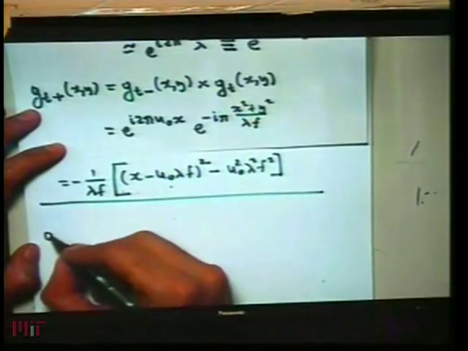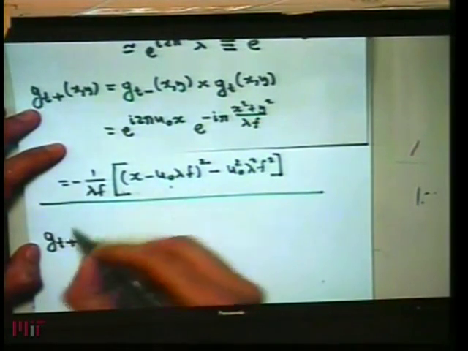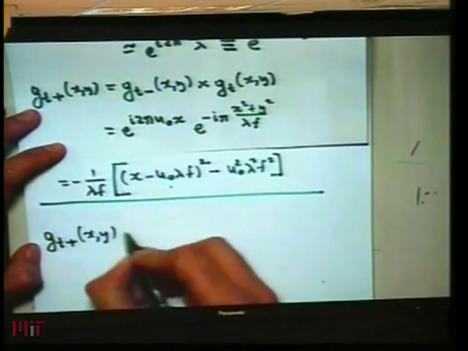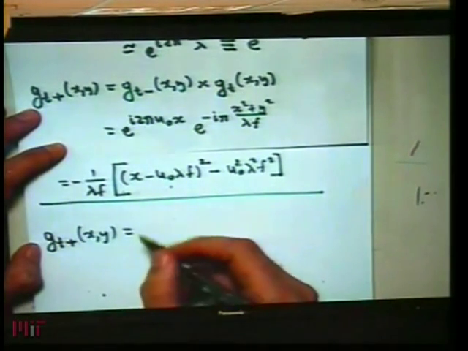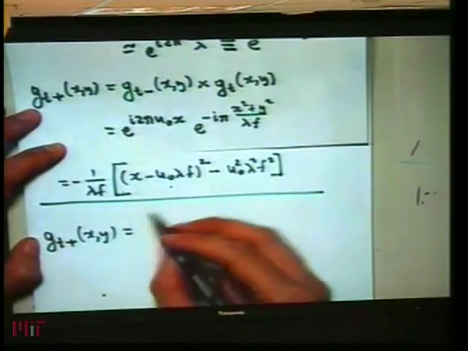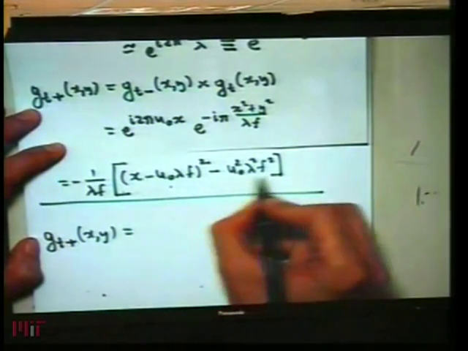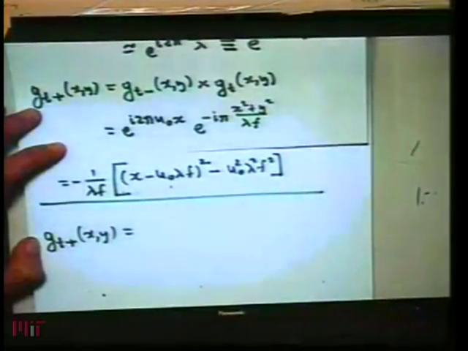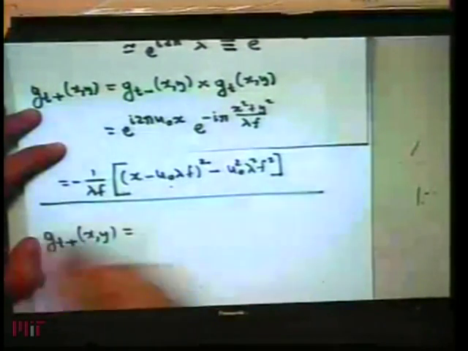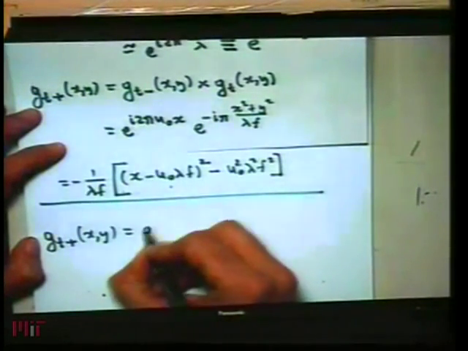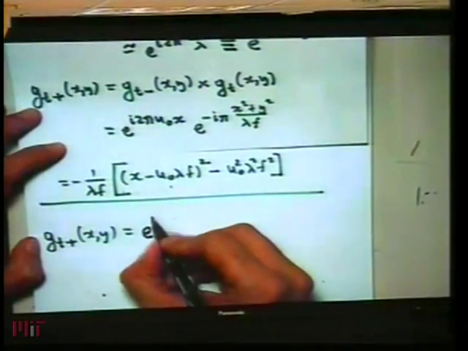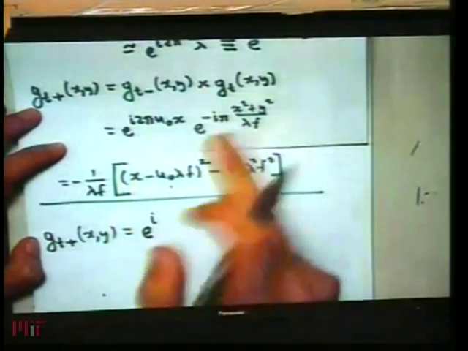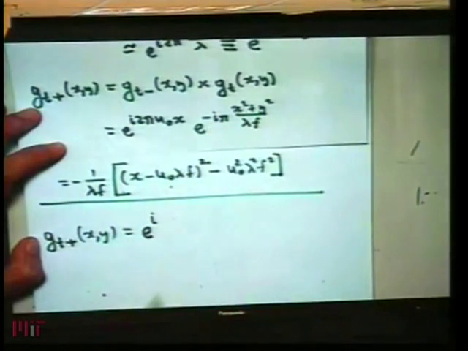So I can rewrite now g sub t plus of x comma y equals, first of all, I have this constant term. That is, constant means it does not depend on x, the spatial variable. So I'll just take it out. I should not forget my pi's. So there's a pi over here.